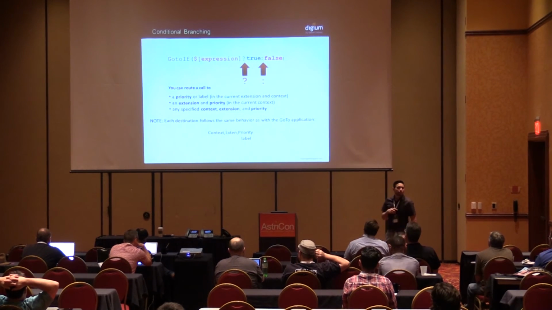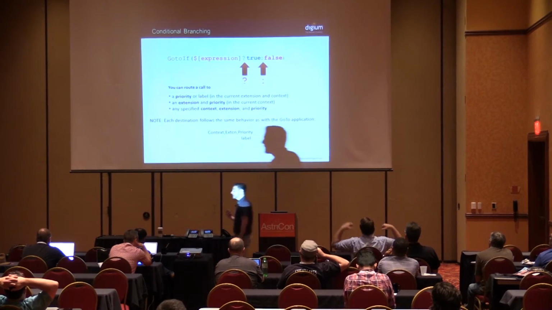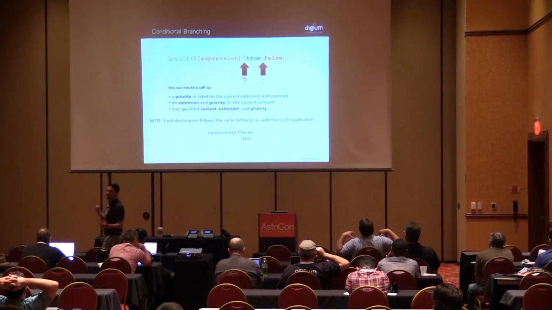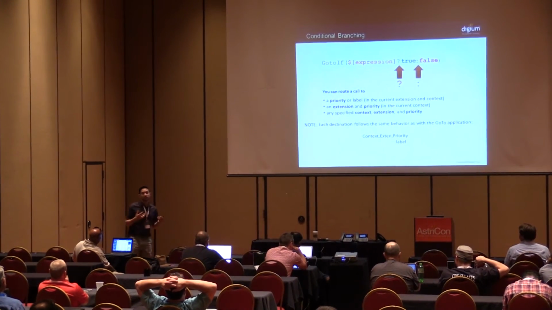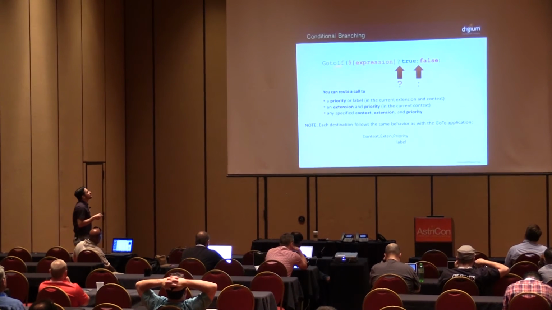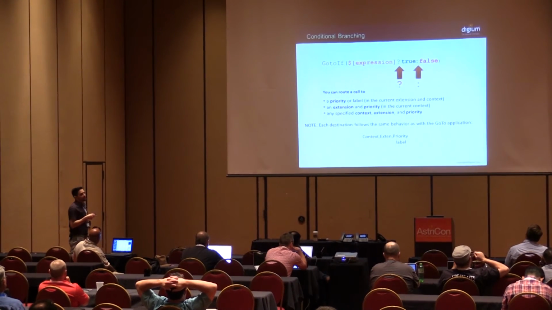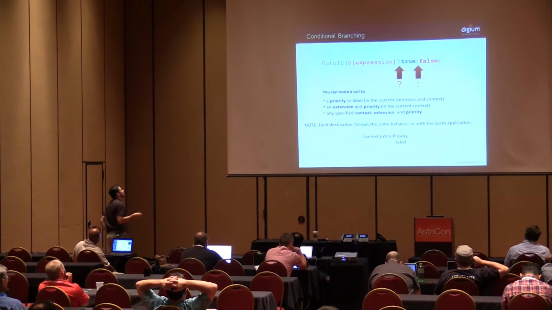Now, remember we had Goto? We also have GotoIf, because now that we can compare one thing to another, it will be a good idea to make decisions based on that comparison. So we have the GotoIf. The first argument is the expression, right? So dollar, brackets, and the expression. And this is var1 greater than 2? Is this equal to that?